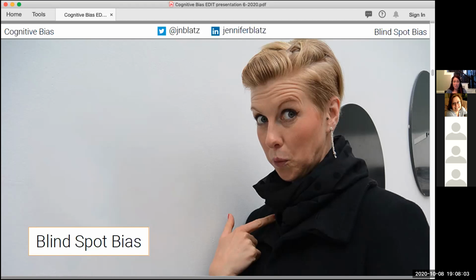Also, we're displaying blind spot bias when we eagerly point out cognitive biases in others rather than ourselves. The key thing to know here is that everyone is affected by blind spot bias. Sure, people are motivated to view themselves in a positive light. It's natural, but we're no better than everyone else.